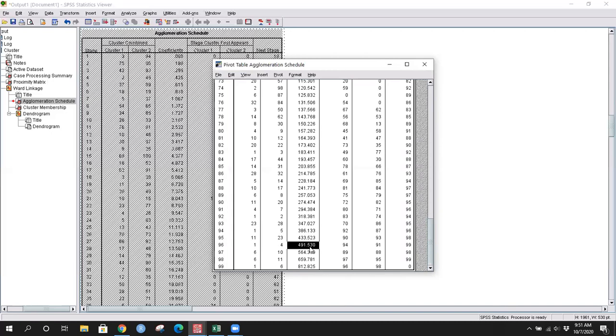Okay, this is so because the clusters combined at a given stage are more heterogeneous. For example, इस stage पर 97 stage पर जो लोग combine हुए हैं वो ज्यादा अलग हैं than the previous stage. Correct? तो जब हमें लगेगा कि बहुत ही ज्यादा अलग हो गया है, तब हम रुक जाते हैं.